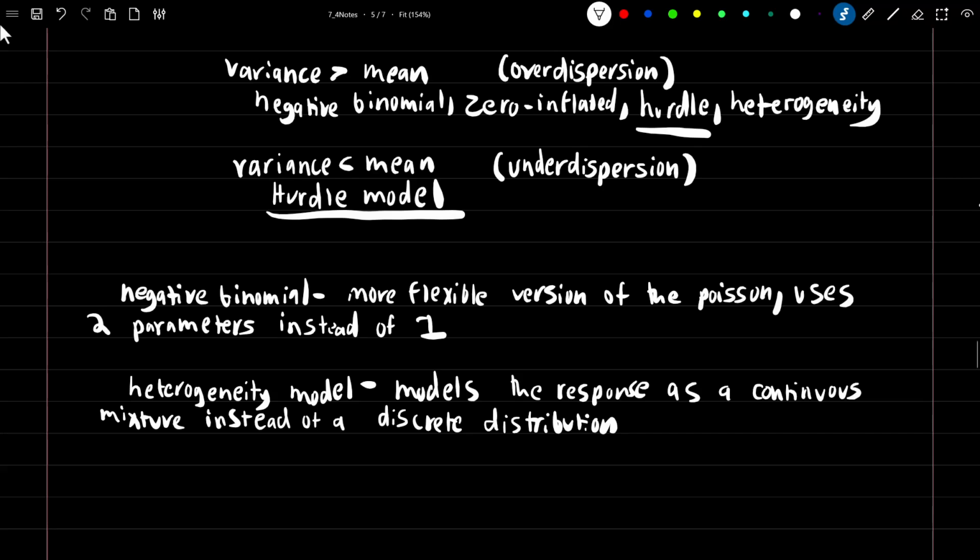For the other two models, zero-inflated and the hurdle model, we're going to solve two different examples to show how those models work.